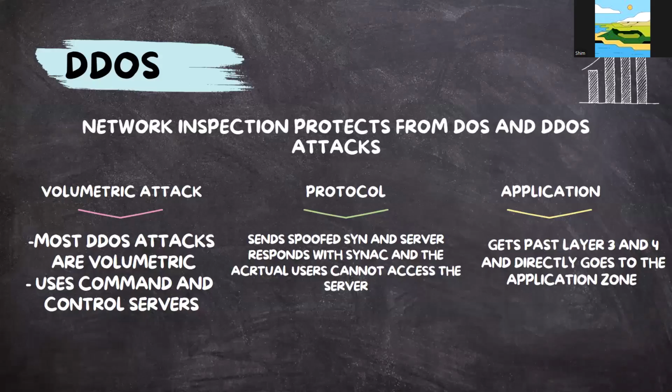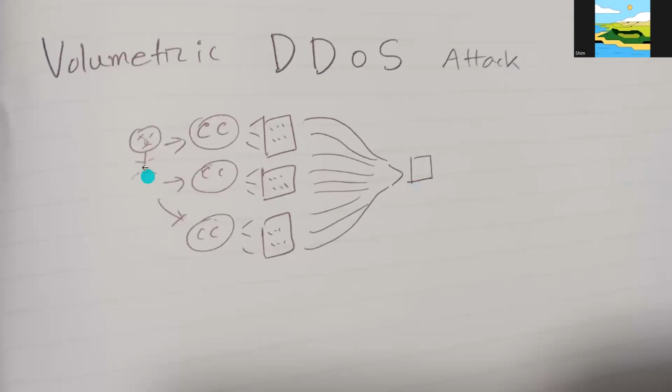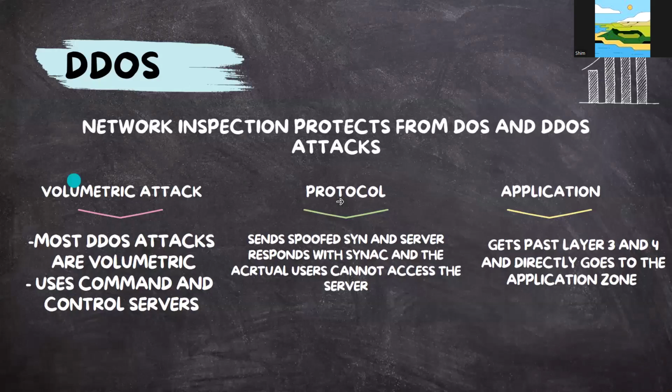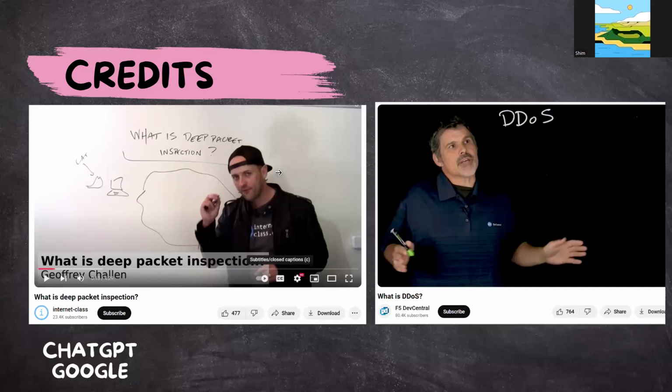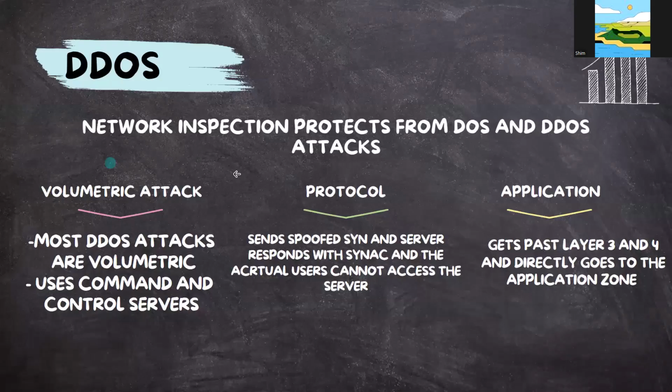Now we have the protocol attack. Protocol attack is when the bad guy attacks layer 3 and layer 4. What happens is that it sends out a spoofed SYN packet to the application, and the application sends the SYN-ACK, so it responds to it.